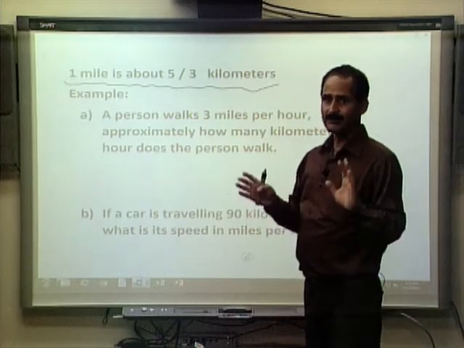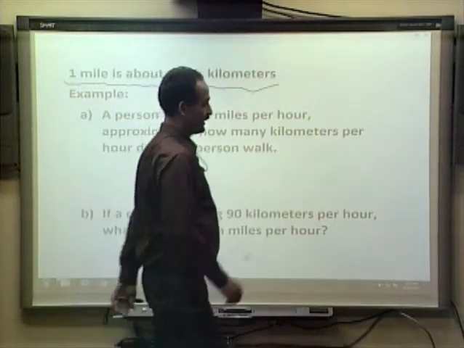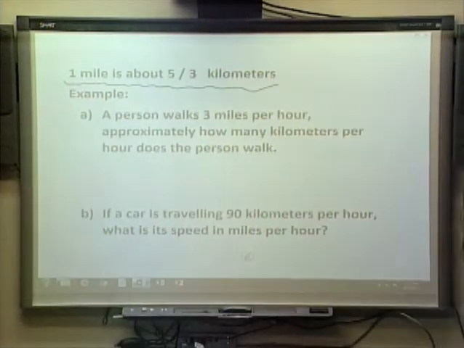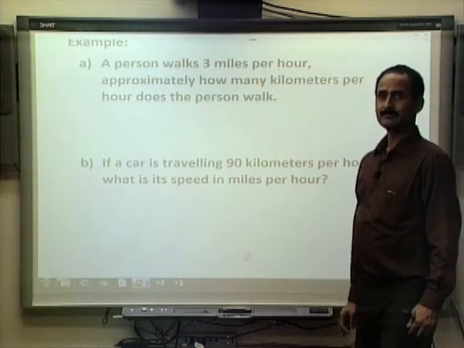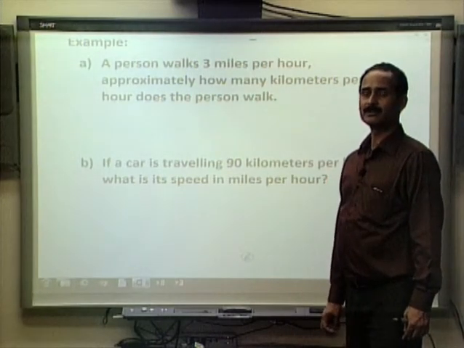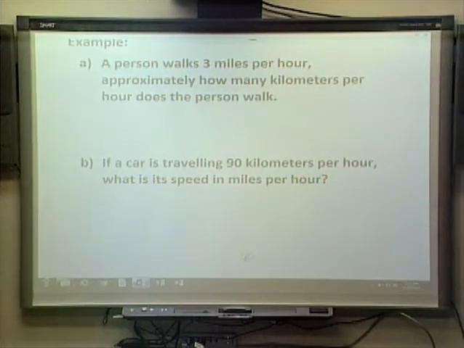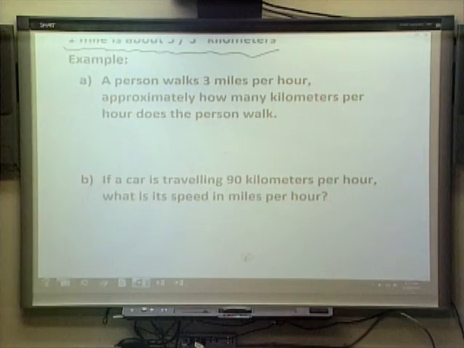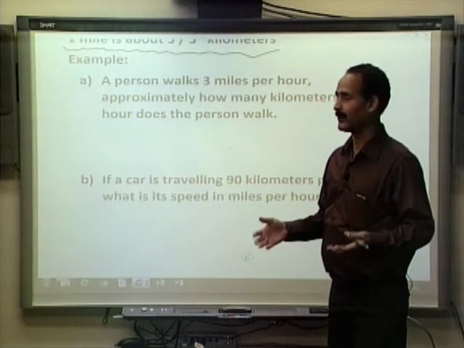A mile is 5/3 of a kilometer. Let us look at these two questions based on that information. For example, let us say a person walks 3 miles per hour, approximately how many kilometers per hour does the person walk? So, the basic question is, if it is 3 miles per hour, how many kilometer per hour?